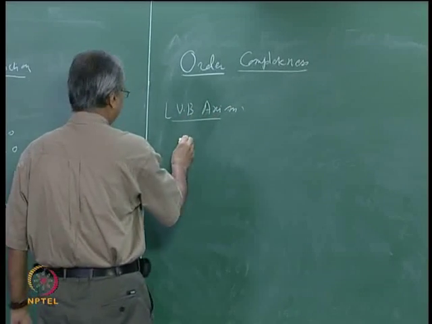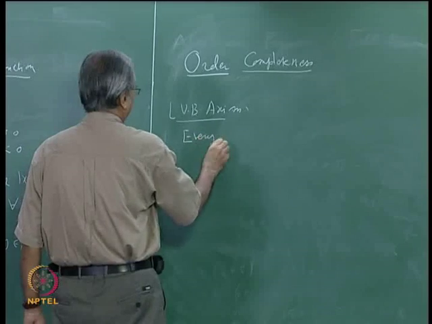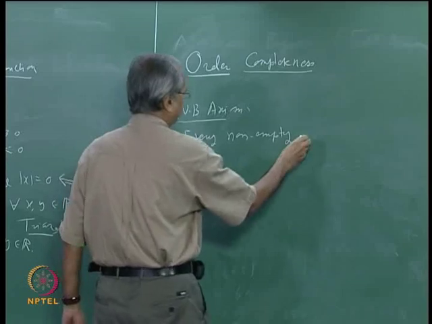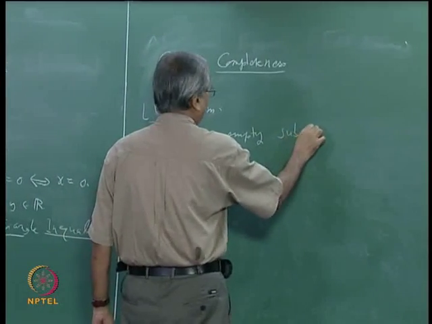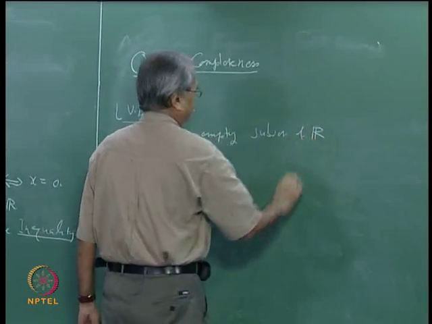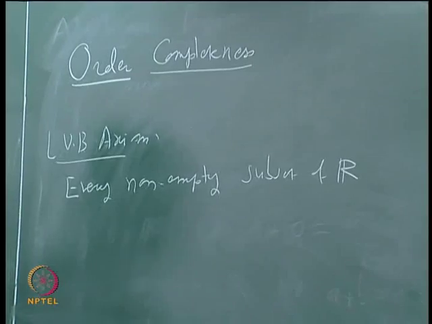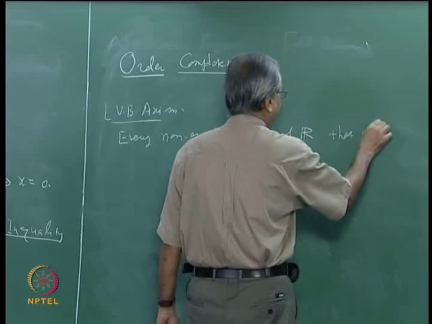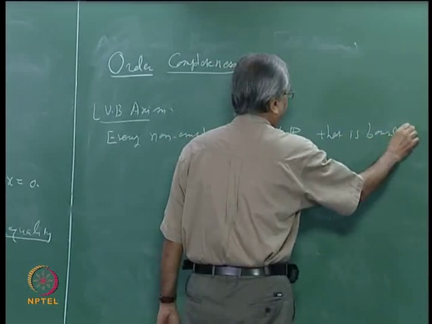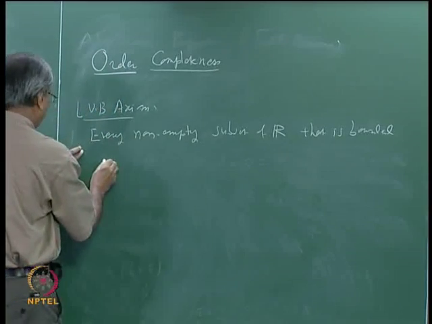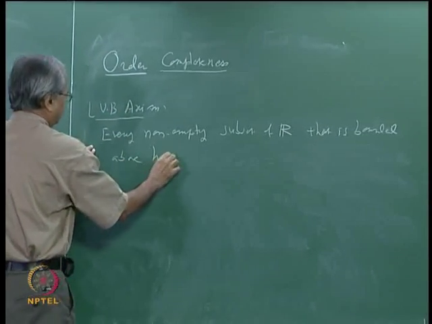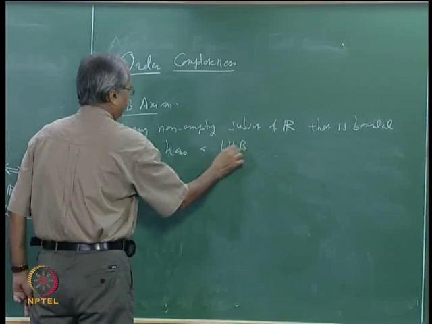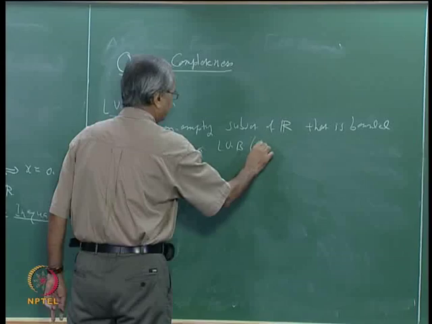That is, every non-empty subset of R that is bounded above has a least upper bound, or what we also call the supremum.